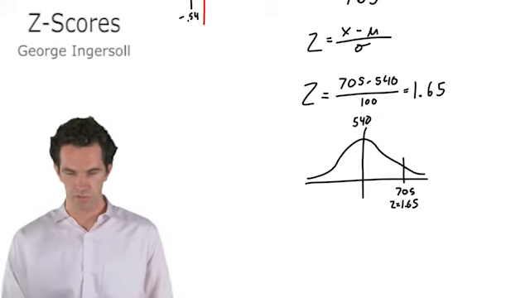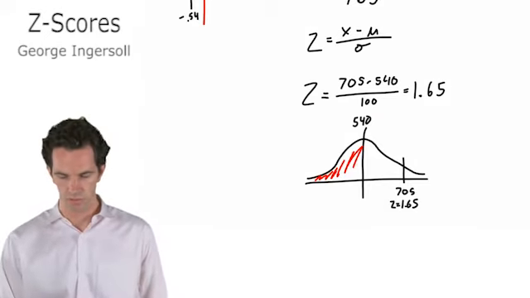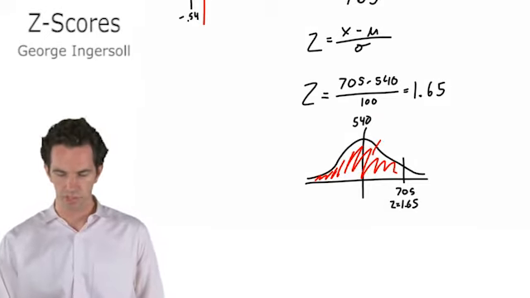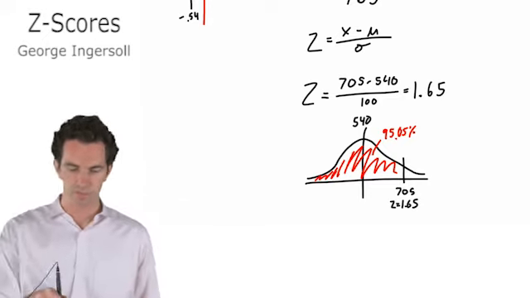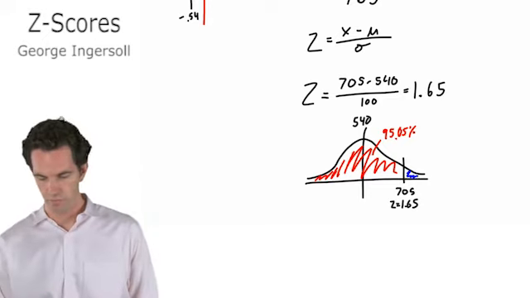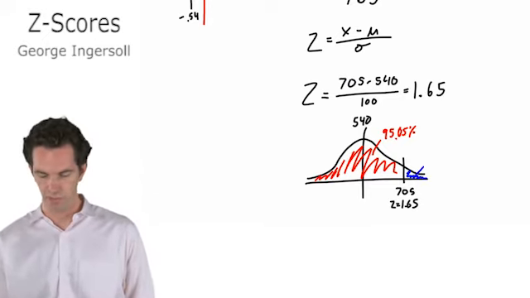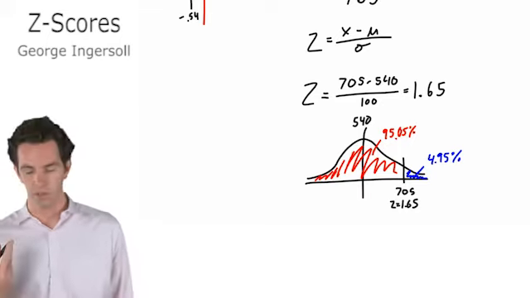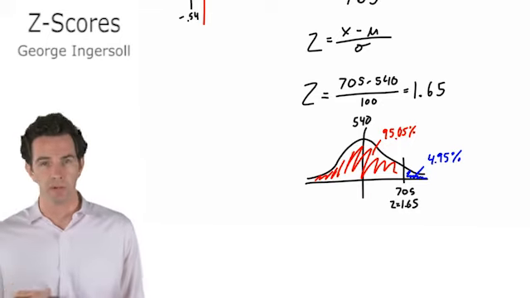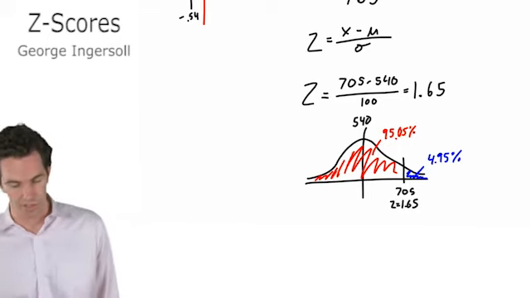So this is going to be equal to 95.05%. That's your percentile. And the complement of that, which is going to be equal to 4.95%, is the results that scored better than you, better than 705 on the GMAT.